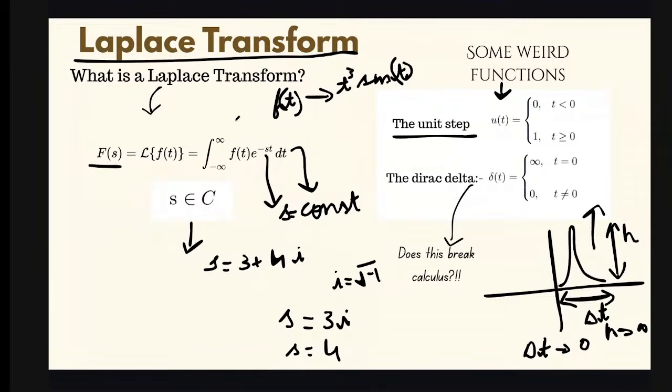And then the limits go from minus infinity to infinity, and s effectively acts as a constant, right? So that is it, I think. And do note the variable is changing from t to s. So it's just a way of transforming the variable.